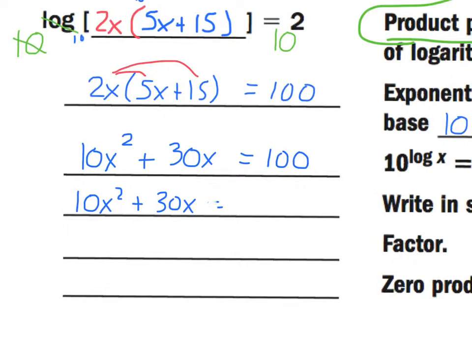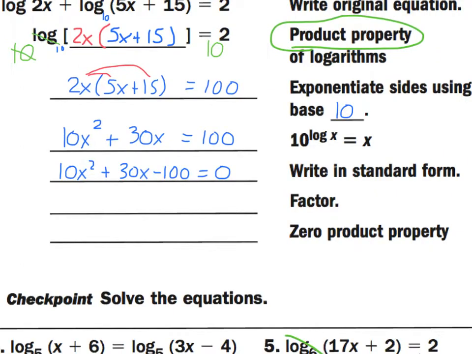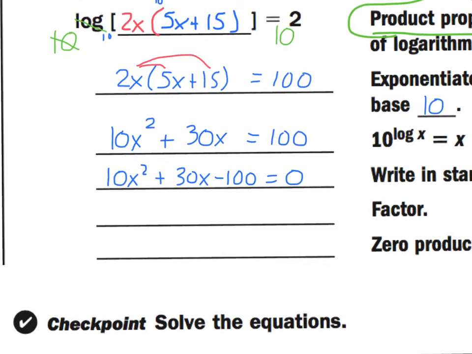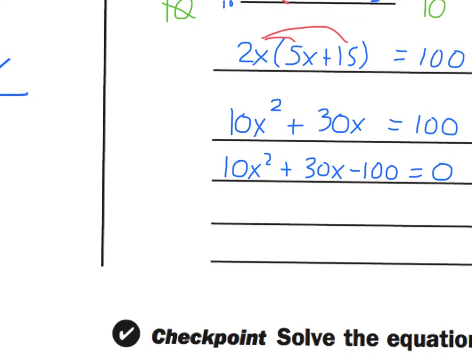And that should be a subtract 100 equals 0. So now we're in standard form. Let me go ahead and rewrite this. Notice that I can divide each of these by 10, and I will do that real quick to get x squared plus 3x minus 10 equals 0.